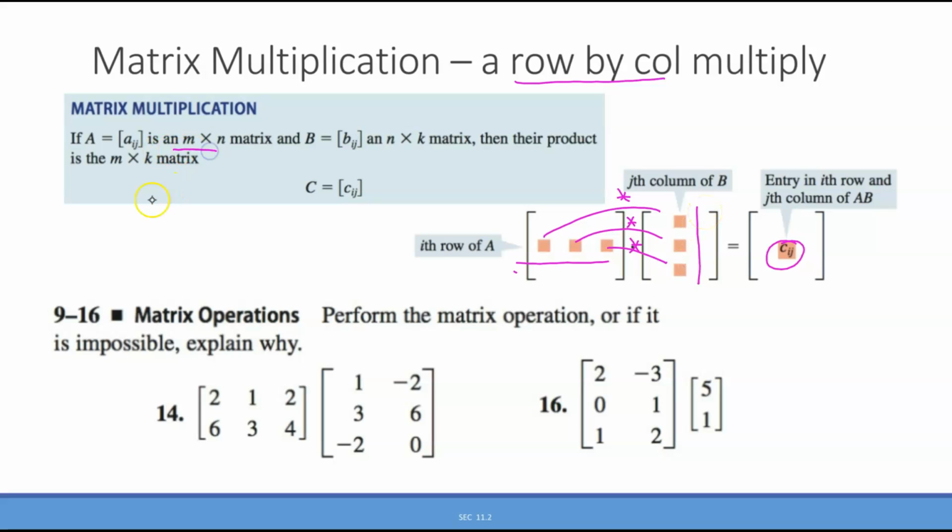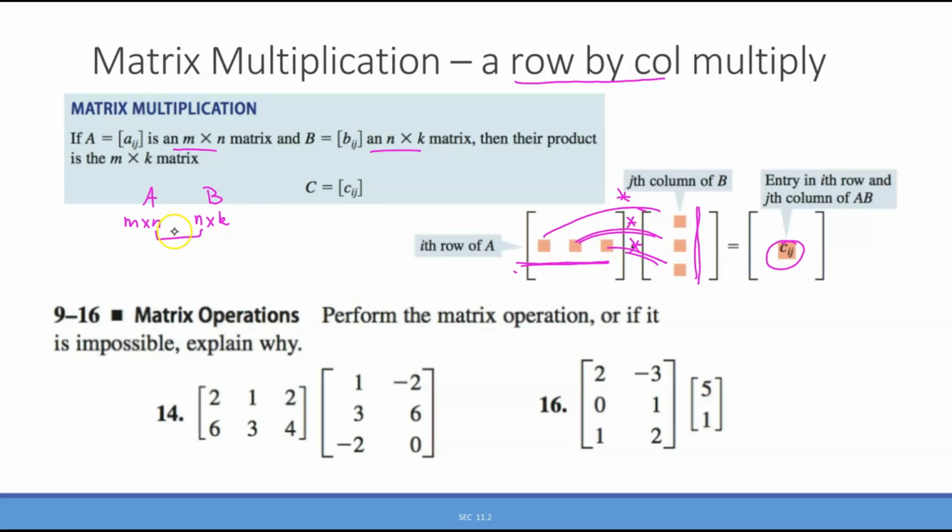Okay, so if matrix A is an M by N matrix, matrix B an N by K matrix, we check their sizes. These two numbers have to match up. This is the row of the first matrix. This is the column of the second matrix. As long as the row and column match up, we're able to multiply corresponding entries.